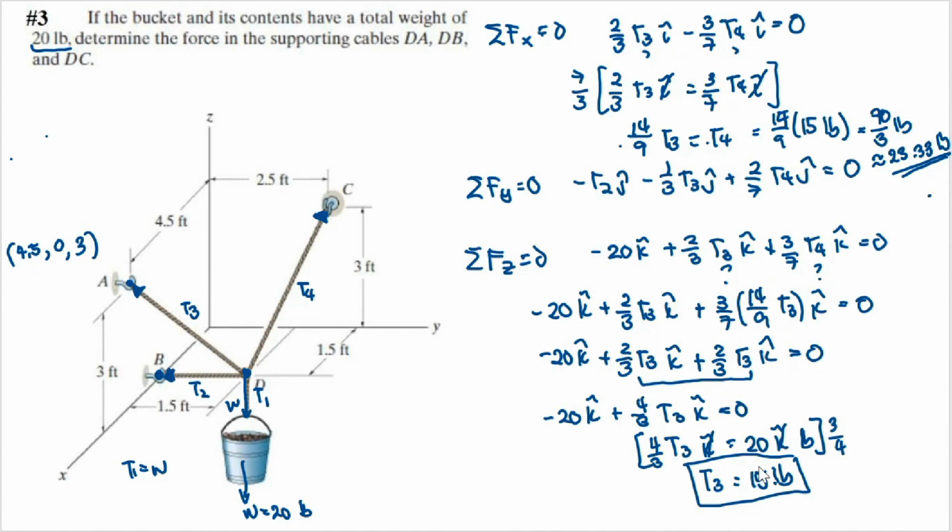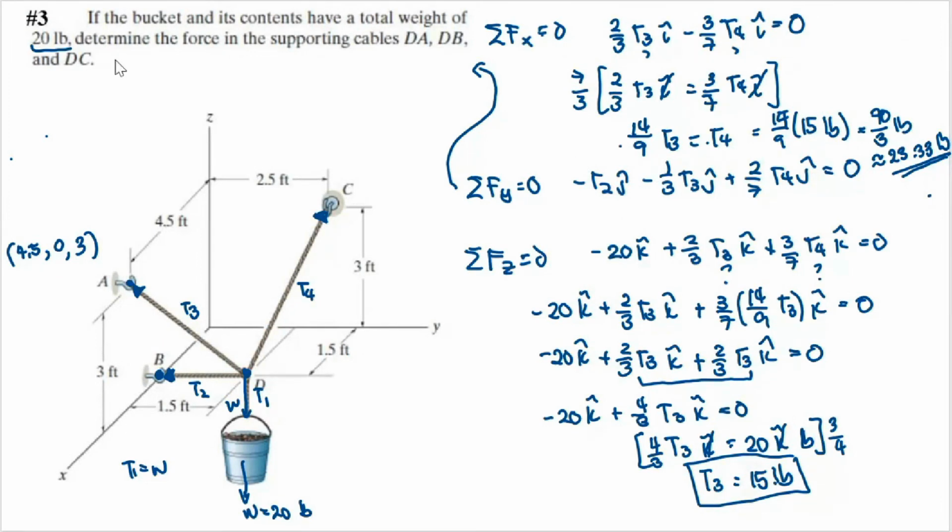So, let's solve now. We have T4, T3. Let's solve T2. Dito na lang sa taas. So, here, this one, summation of forces along Y. Kailangan ko i-solve si T2. Since T2 is negative here, siya ang itatranspose ko sa kabila.